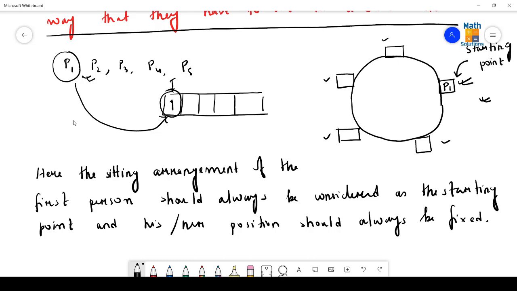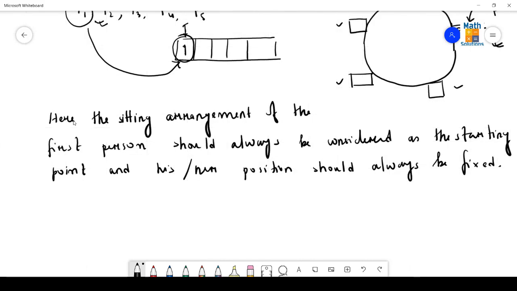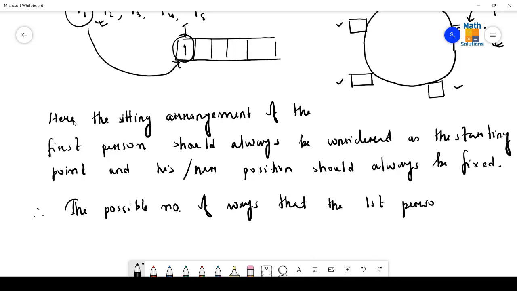So what conclusion can we draw here? Therefore the possible number of ways that the first person can sit is equal to 1.